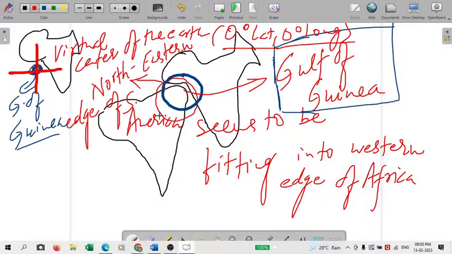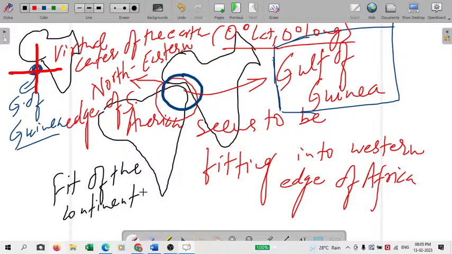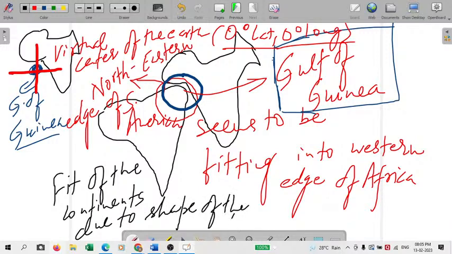So, as per Alfred Wegener, these two continents were also a good example of fit of the continents due to shape of the coastline.